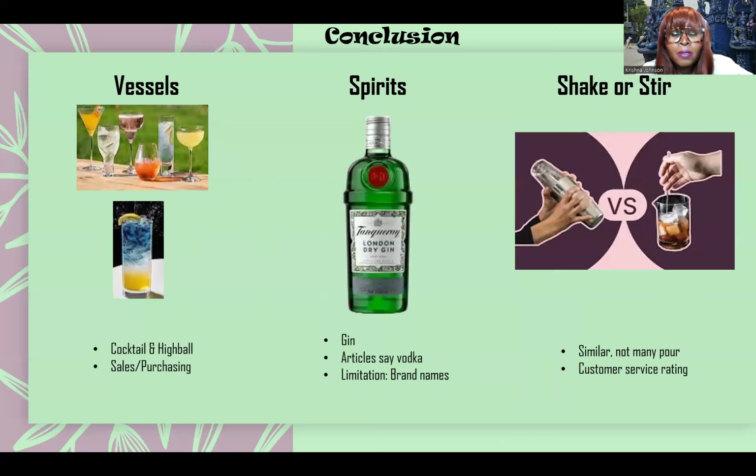For gin, something I thought to point out as I was browsing through other data sets and reading through articles: vodka is usually listed as the most commonly requested or commonly used liquor. So for it to be third behind gin and rum in this data set was a little odd. I noticed later a limitation, an error of my own, that I didn't account for brand names in our ingredients list.